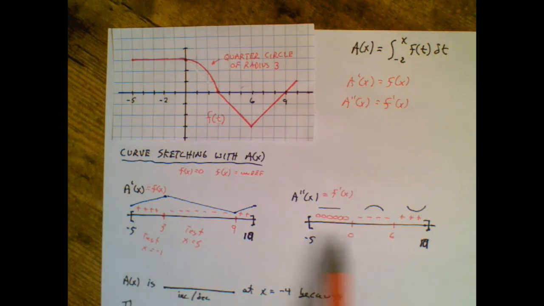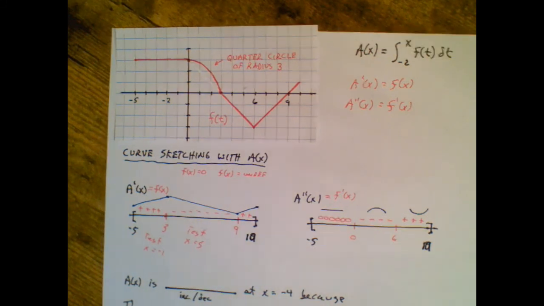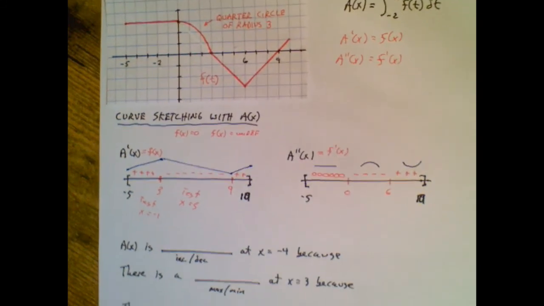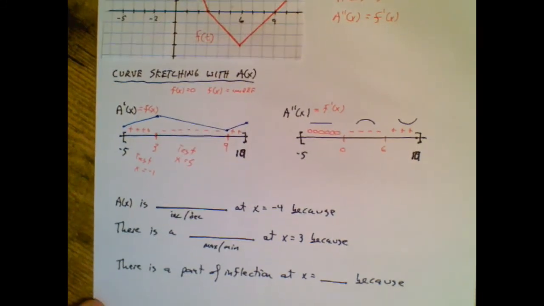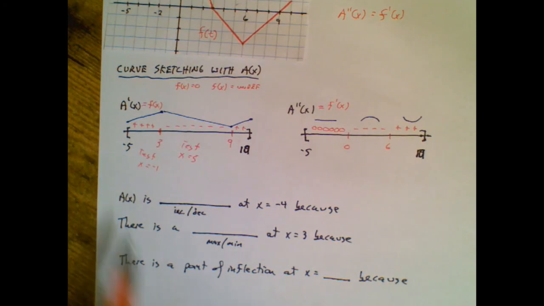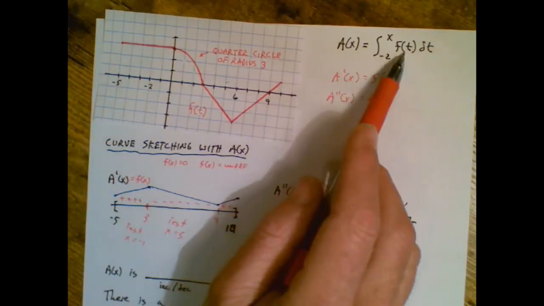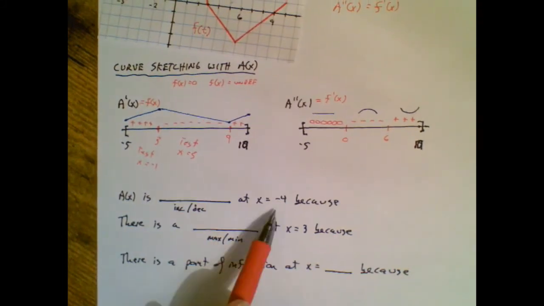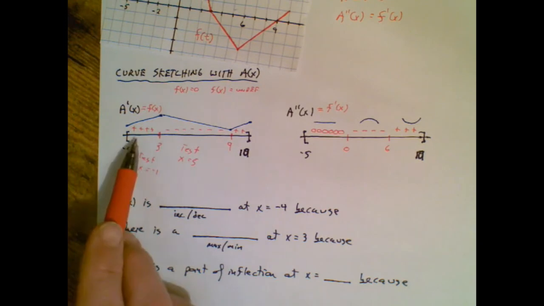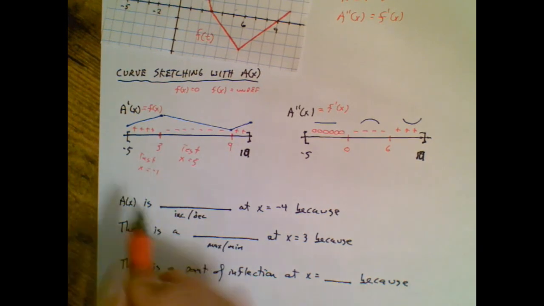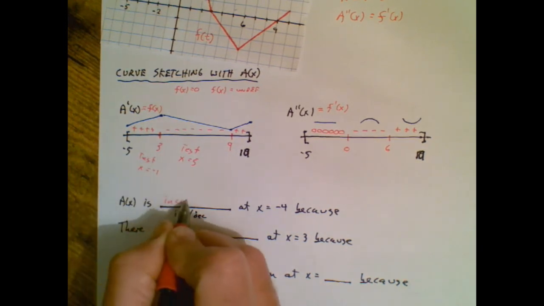So we filled out these two number lines, and at that point, just like we would have done in a normal problem, at that point we can answer questions. So A of x, which is this function that we don't necessarily know what it looks like, at x equals -4, which would be right in here, I would say it is increasing.